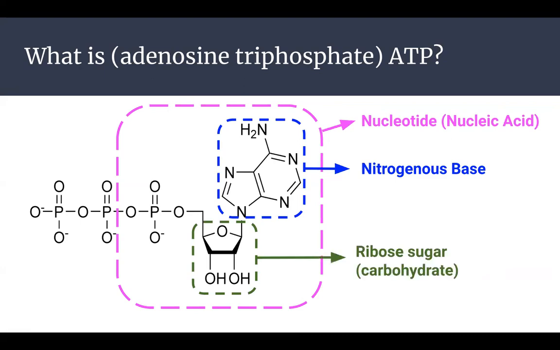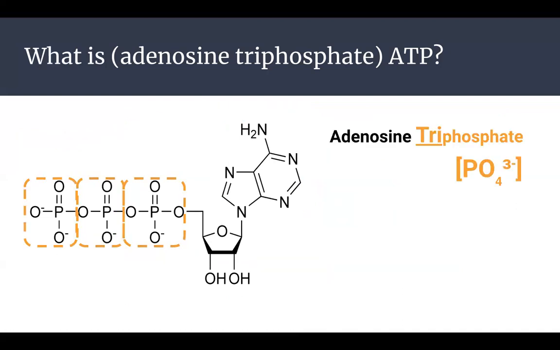Now, in this case, if you look at the sugar, this oxygen is present. So that means it's not a deoxyribose sugar. It's just a ribose sugar. And then the third component is a phosphate right here. Now, adenosine triphosphate, as you can see, has 3 phosphates. The word phosphate just means a phosphorus bonded to oxygen.